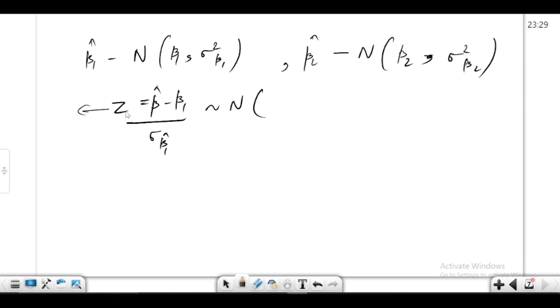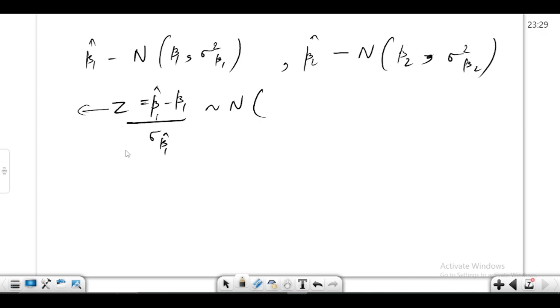It is basically a representation of how many standard deviations my beta 1 hat is away from the true beta 1 value. To get that, we have to divide by the standard deviation of beta 1 hat itself.